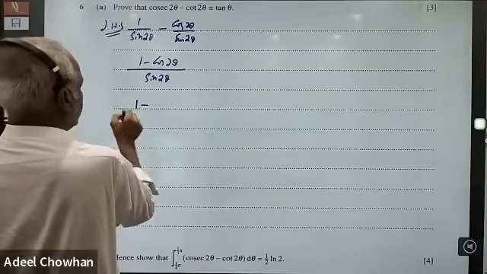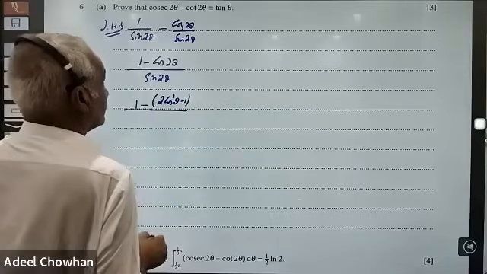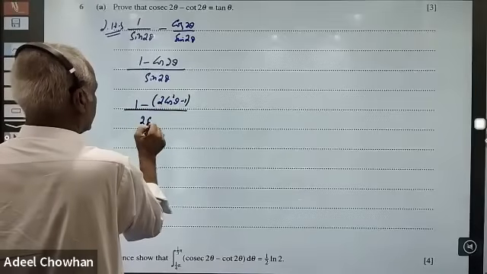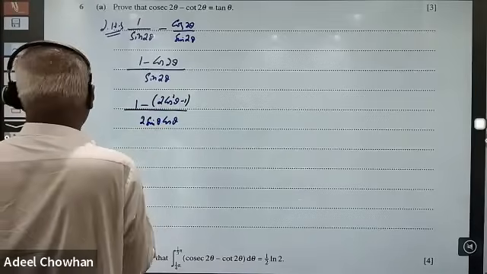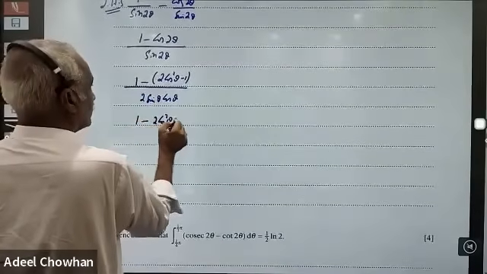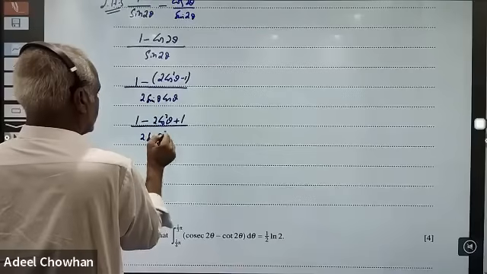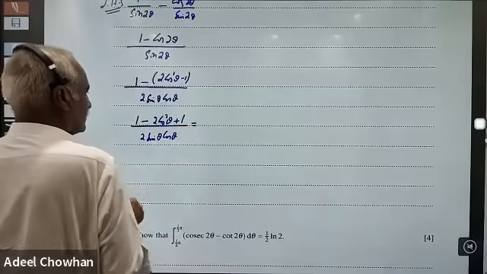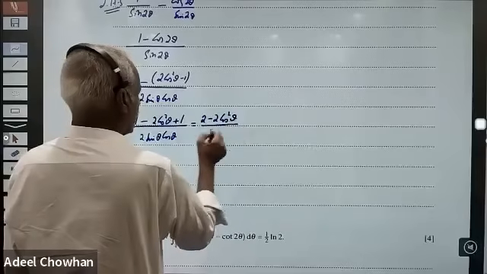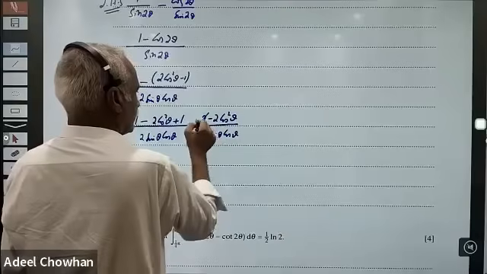Now 1 minus cos 2 theta is basically equal to 2 cos square theta minus 1 over sine 2 theta, which is 2 sine theta cos theta. Or this should be equal to 1 minus 2 cos square theta plus 1 over 2 sine theta cos theta, which is equal to 2 minus 2 cos square theta over 2 sine theta cos theta.